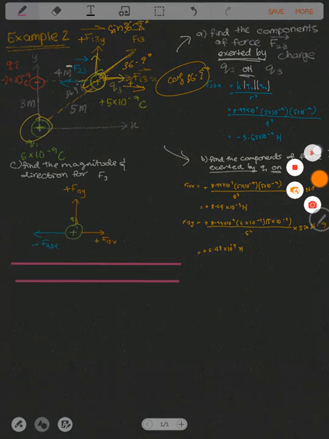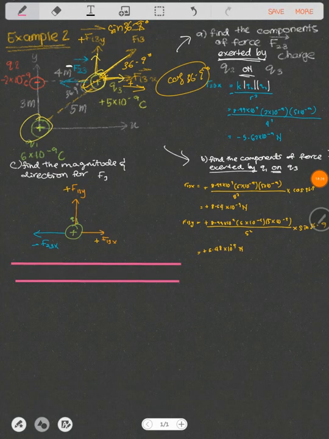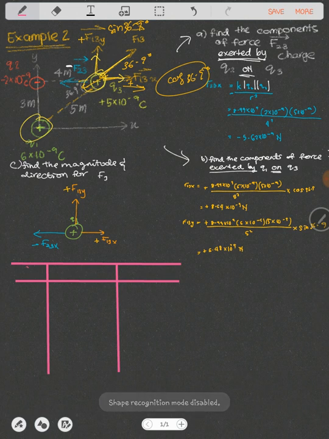Okay, kita buatlah table dia satu persatu, which is kita nak find for the F3, adalah X dengan Y komponen dia, kita buat lebar-lebar. Okay, and then pada F3 yang kita nak cari ni, X komponen, ni Y komponen.